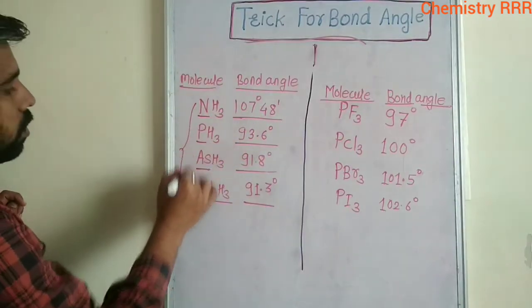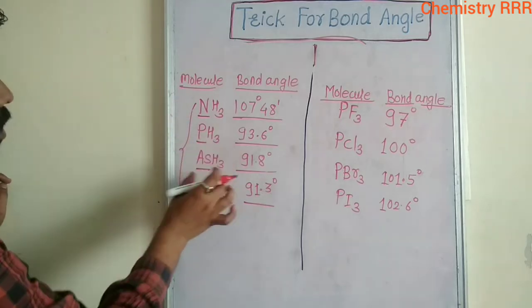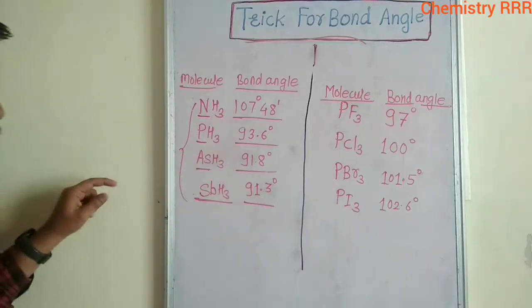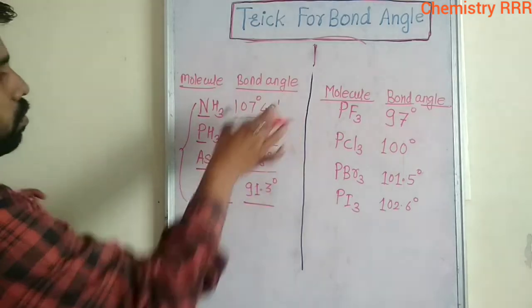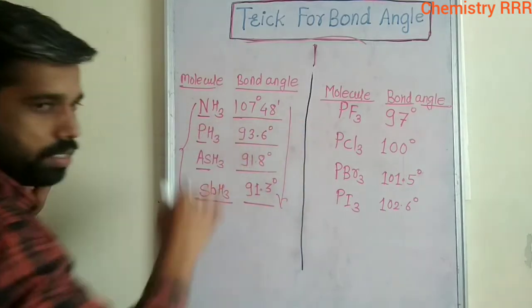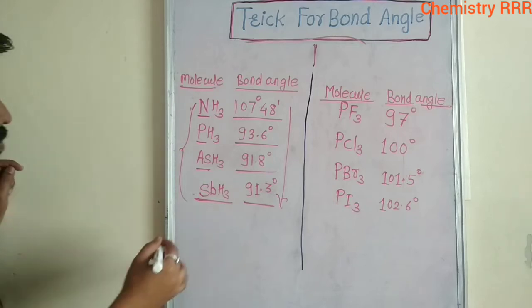Let's compare these 4 molecules: ammonia, PH3, AsH3 and SbH3. From top to bottom the bond angle goes on decreasing in all these 4 molecules.